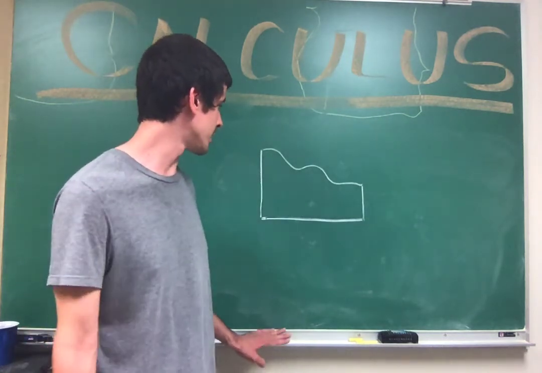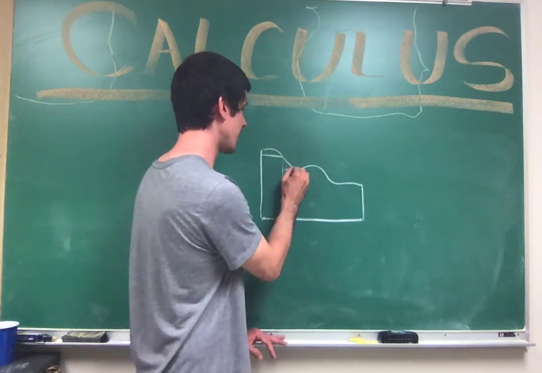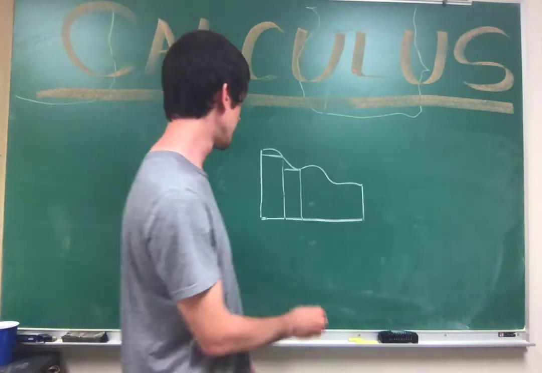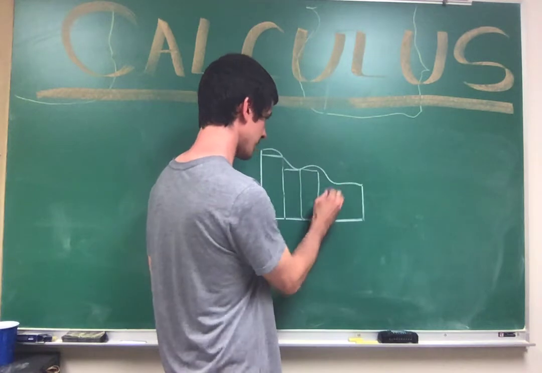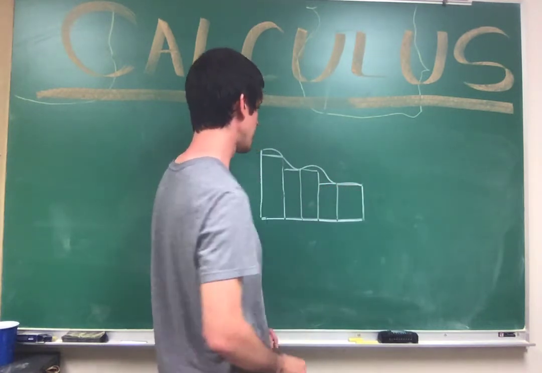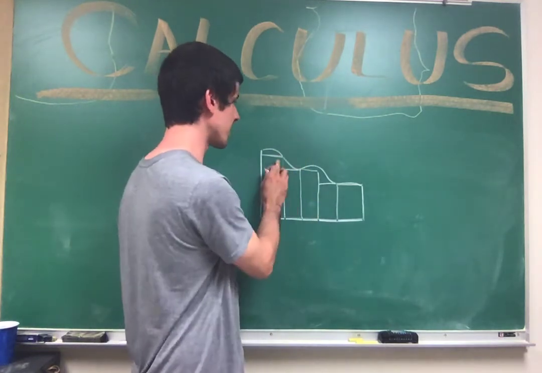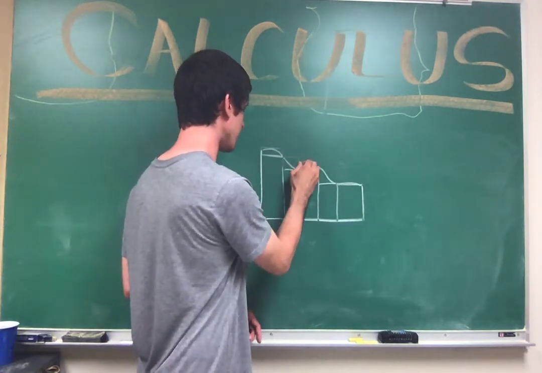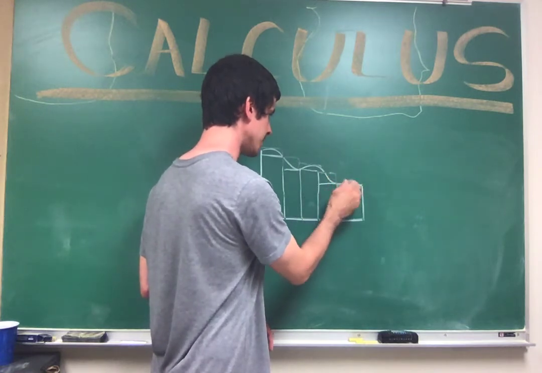So the way that Newton addressed this, which we'll revisit in the last week or two of this class, is to fill in these rectangles. So you have some lower rectangles, which are all below the curve, and then some upper rectangles, which are all above the curve.